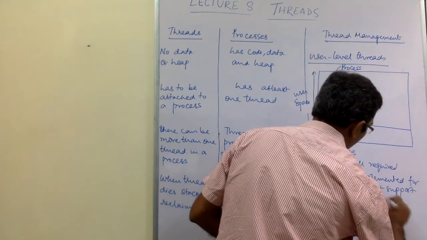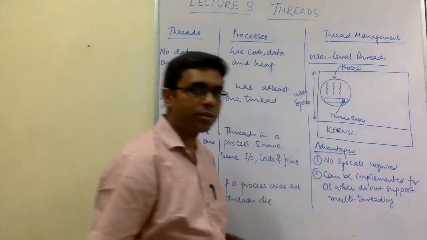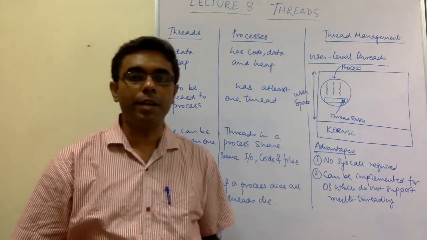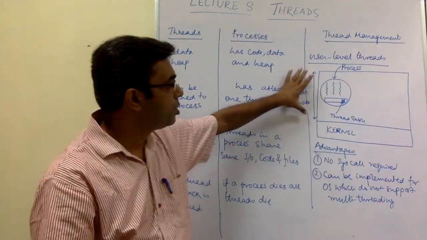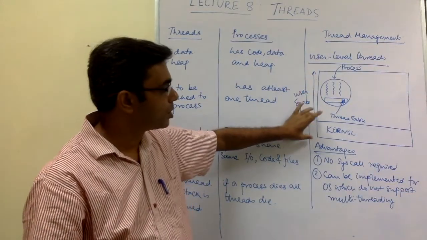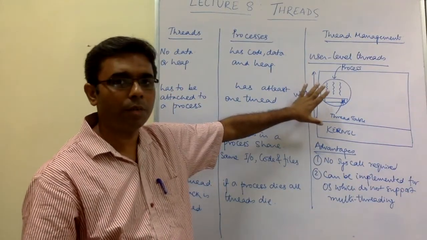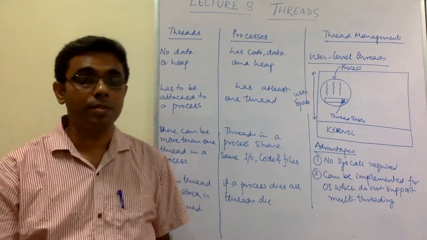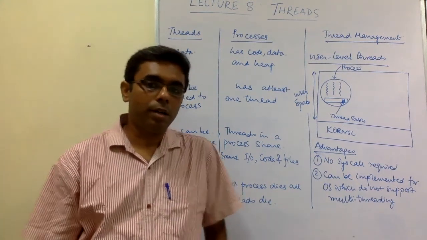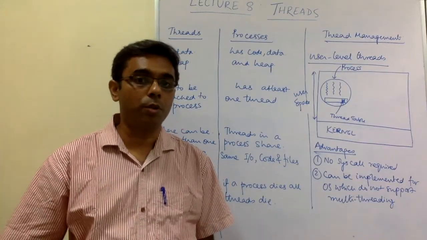So even if your operating system does not support multiple threads, you can still implement this because you are implementing it in the user space. Because the kernel has nothing to do with the number of threads which are created, there is no problem. You can create them even in systems where the kernel does not support that.